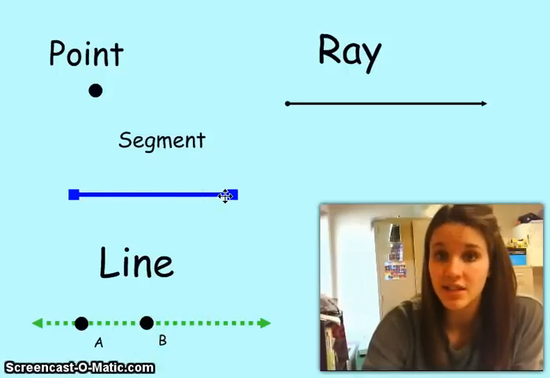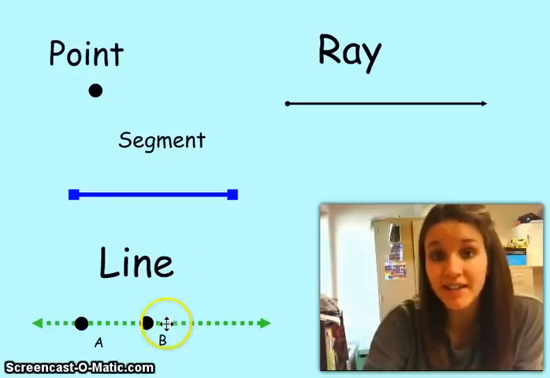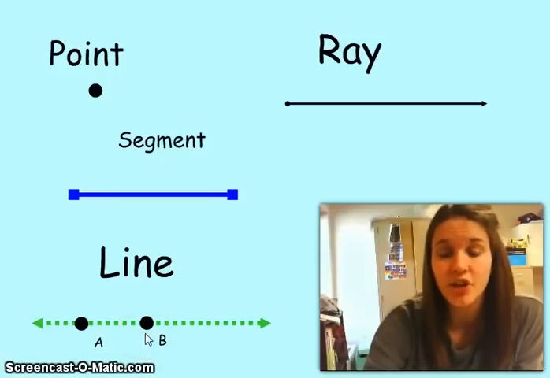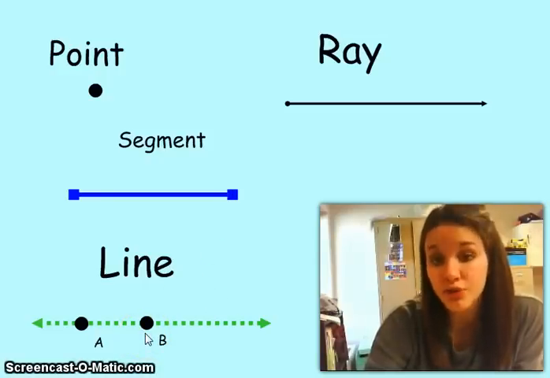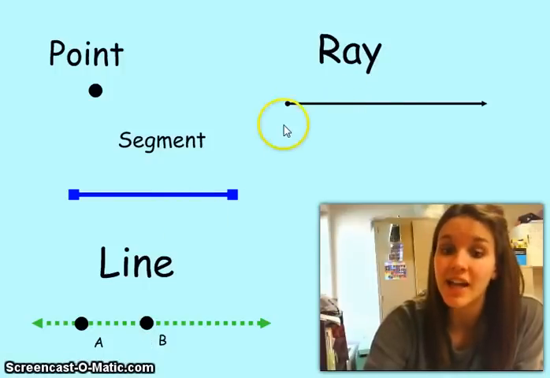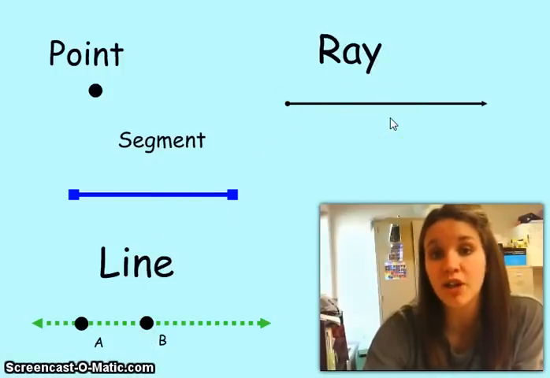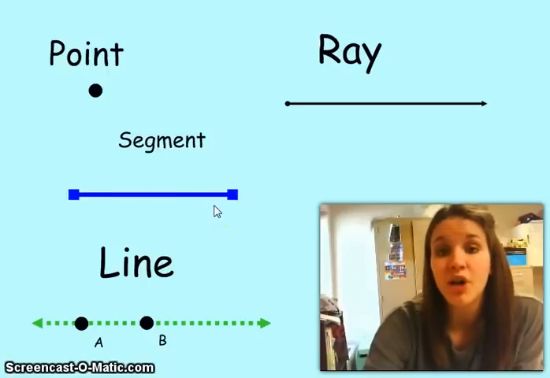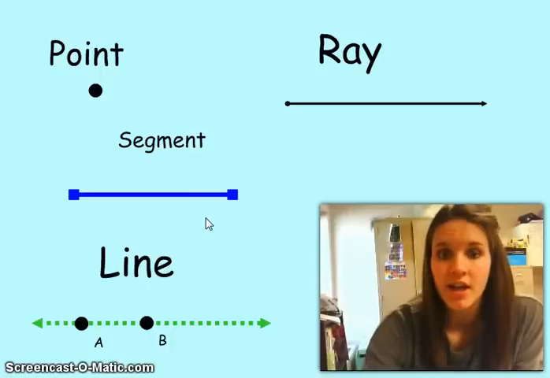It does not continue on and on forever. So a line is a straight path of points that goes on and on forever in two directions. Rays are part of a line, but they have an endpoint and only continue on and on in one direction. Segments are part of a line that have a start and end point and don't continue on in either direction.